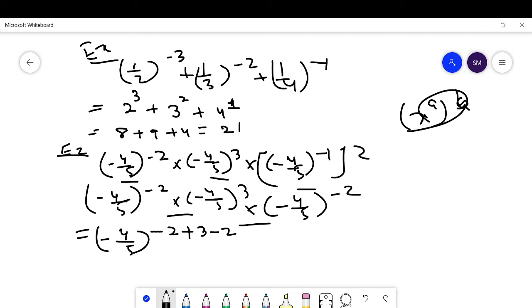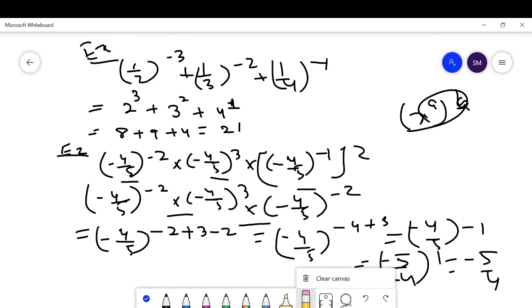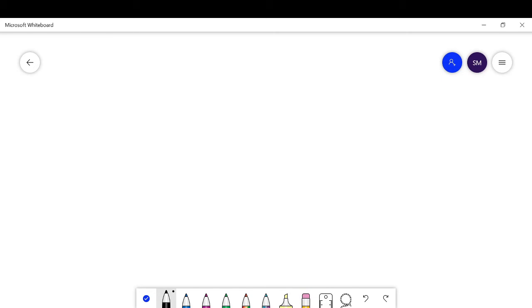Then this is (minus 4 upon 5) to the power minus 4 plus 3, which is (minus 4 upon 5) to the power minus 1. Minus 1 means take the reciprocal of the base. This is minus 5 upon 4. Okay. Then solve another question.